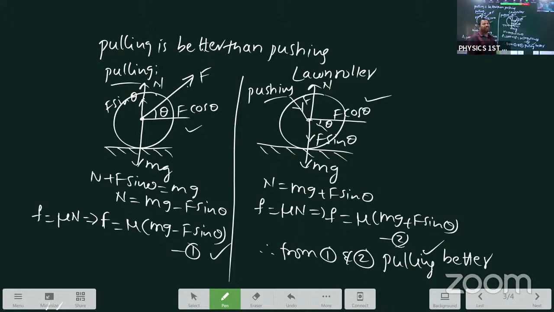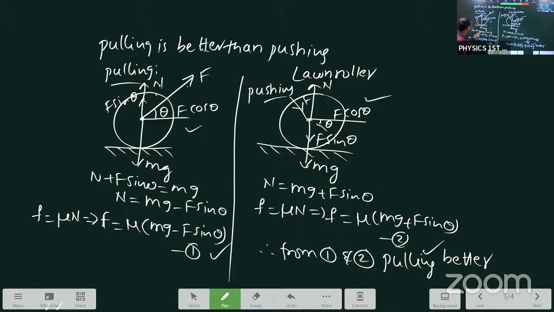When you are reading this lawn roller question, concentrate especially on the diagram. In the diagram only, every answer, every step you get from the diagram. So F sin theta, F cos theta. F is the force, a vector quantity divided into 2 components. One is F sin theta, the next one is F cos theta.